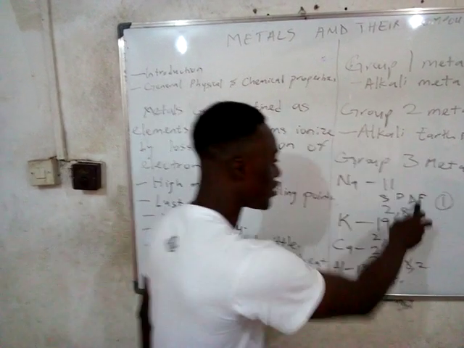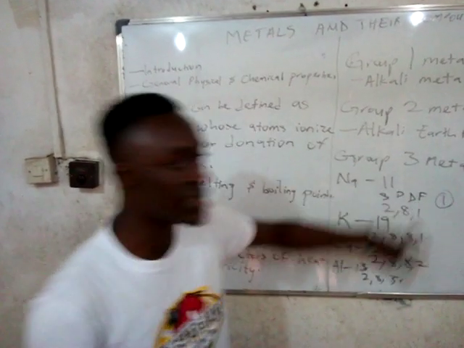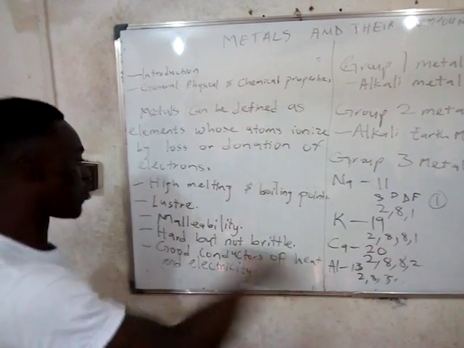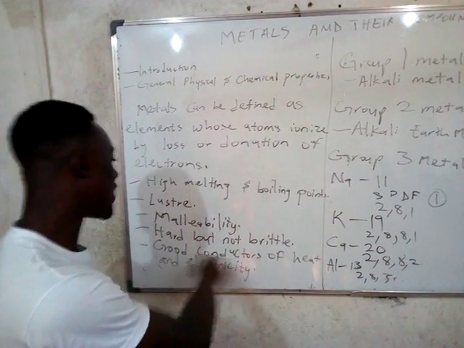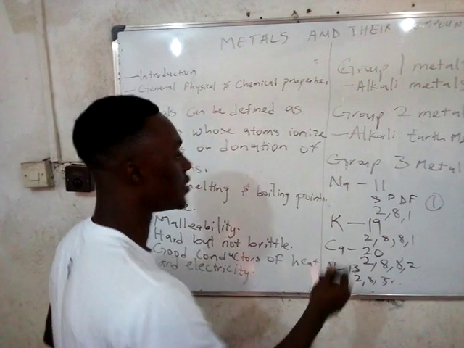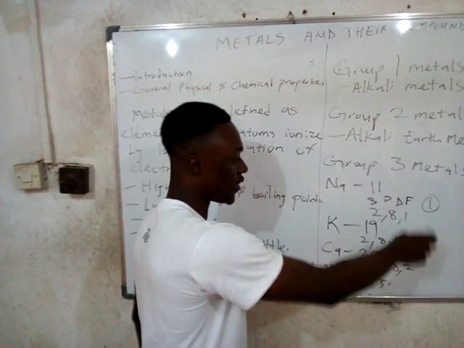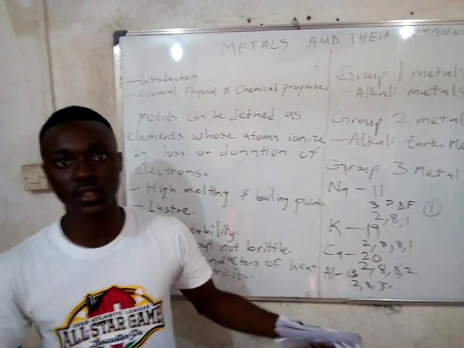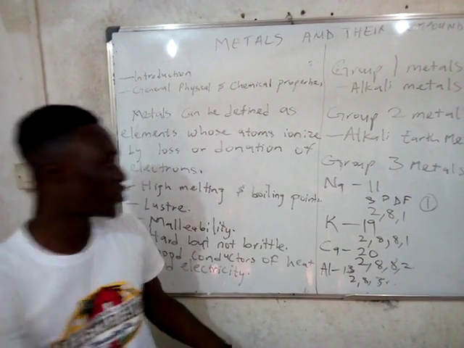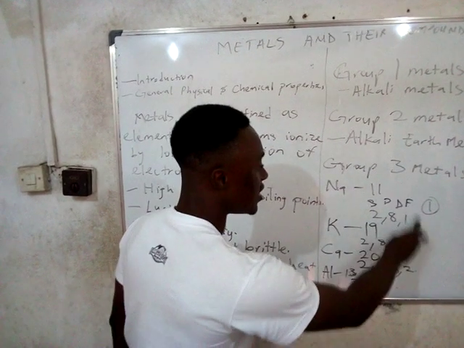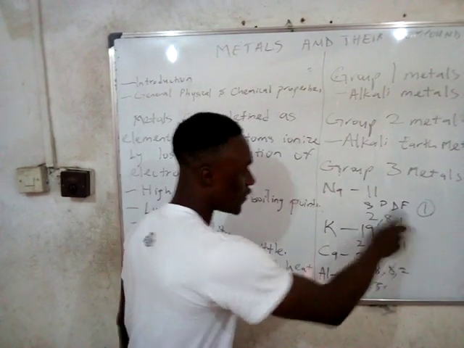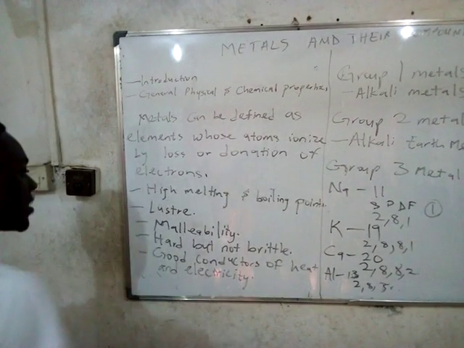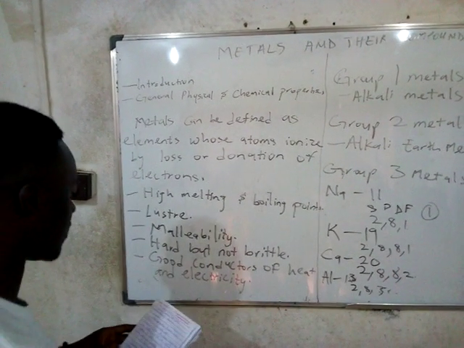Now, these valence electrons enable them to carry electric charges easily, between various atoms and also to one another, which makes them very, very good conductors of heat and electricity. As for heat, also because of this valence electron, heat is the energy which is transferred as a result of difference in temperature. So the transfer of heat is made easier as a result of these free electrons of the metals. So this makes them very, very good conductors of heat and electricity.